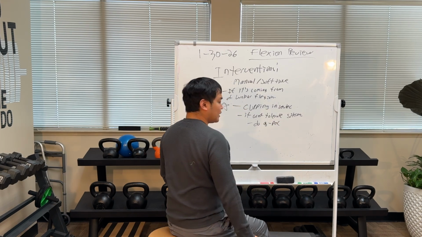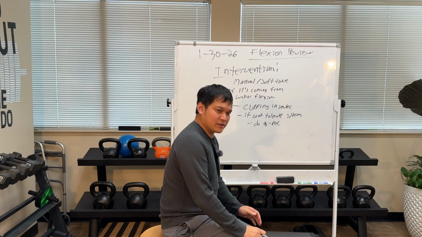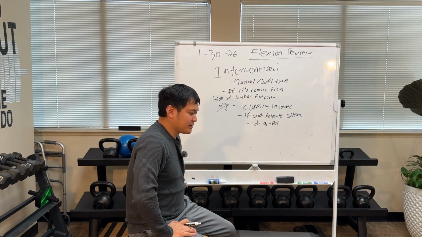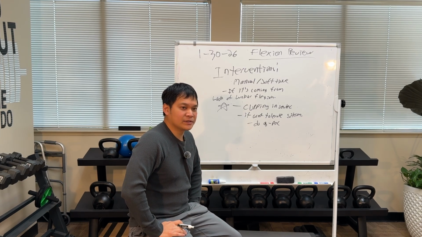Let's say they're pretty hot sciatica, and just the initiation of sitting is a no-go. We'll talk more about those cases, but typically this is not the first go-to case.